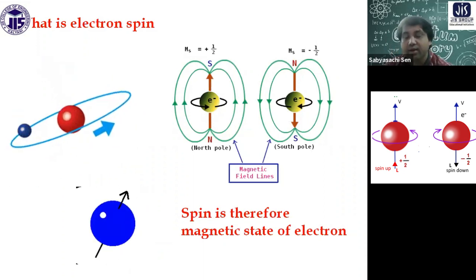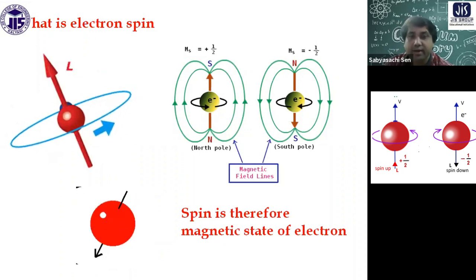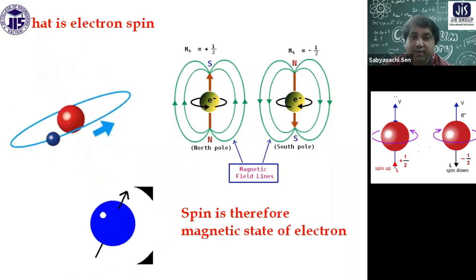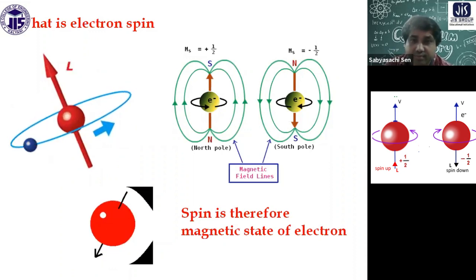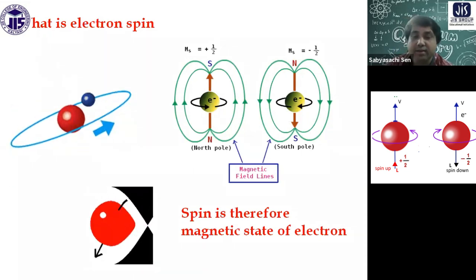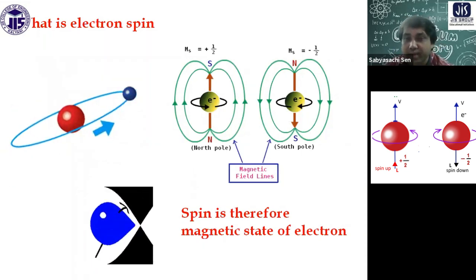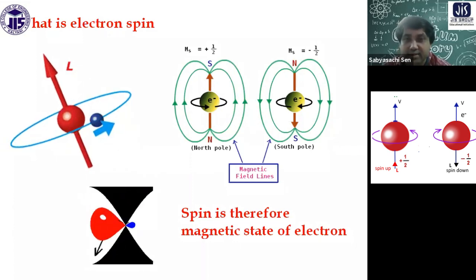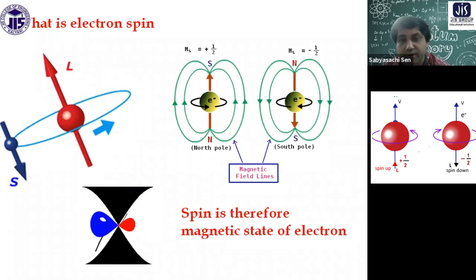Now if you think the other way, every electron has a charge. I am also telling you every electron is a small magnet. The charge state you define by the charge of the electron, and you define the magnetic state of the electron with a term called spin.